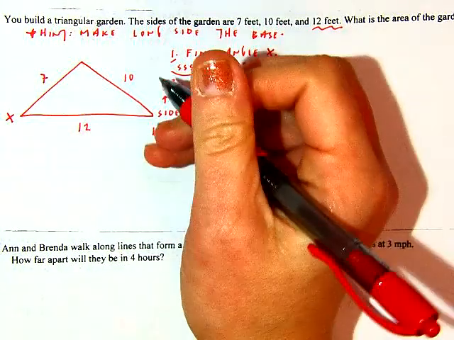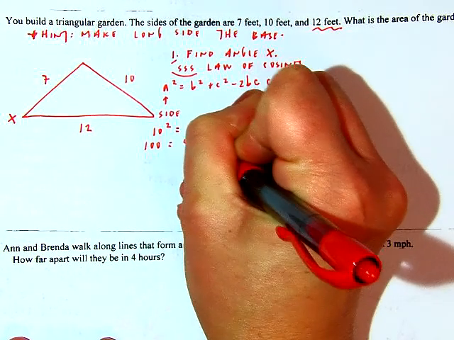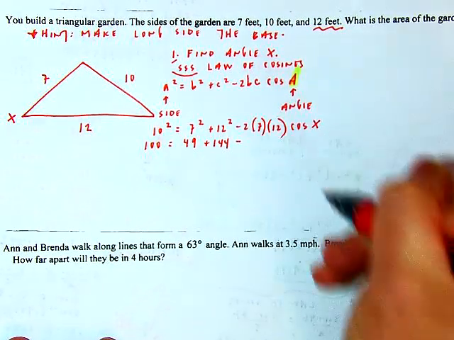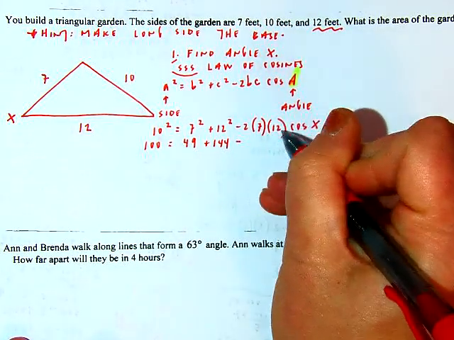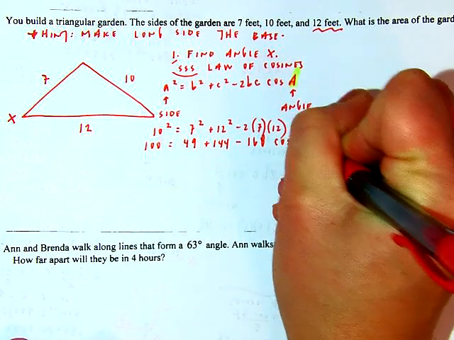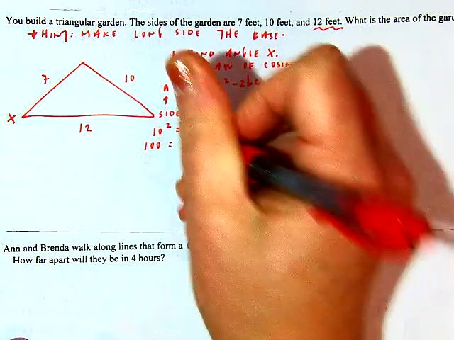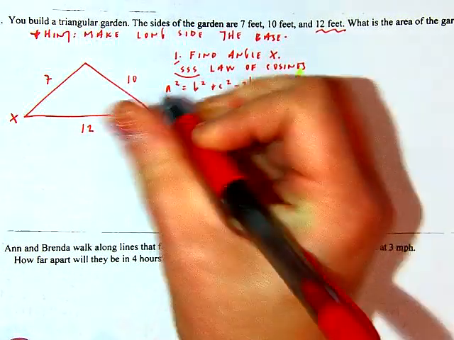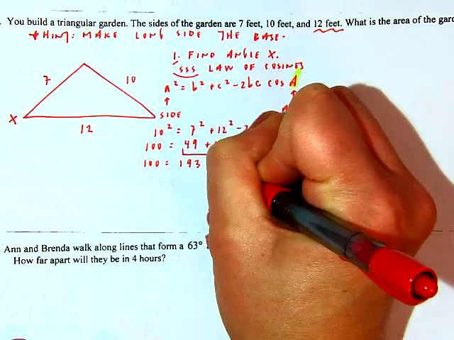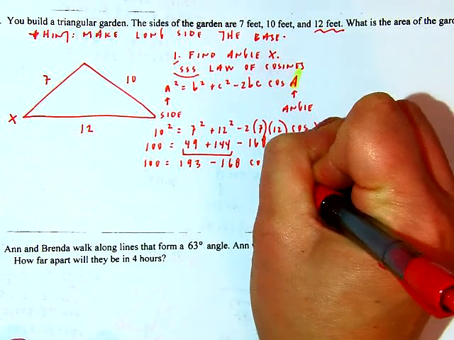If I clean this up, that's 100, and that equals 49 plus 144 minus 2 times 7 times 12, so 168 times cosine x. I'm working to get this part all by itself, so I can consolidate right here. So 100 is equal to 193 minus 168 times cosine x.